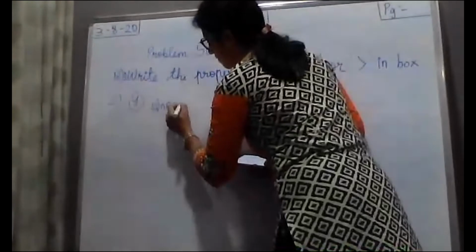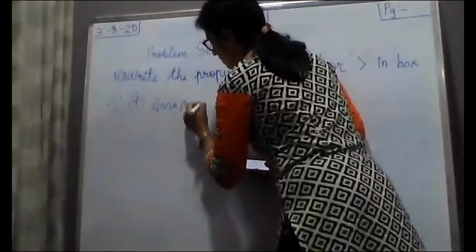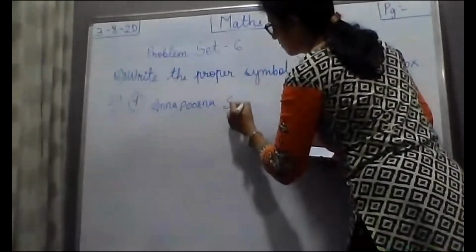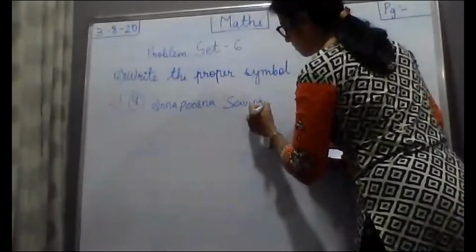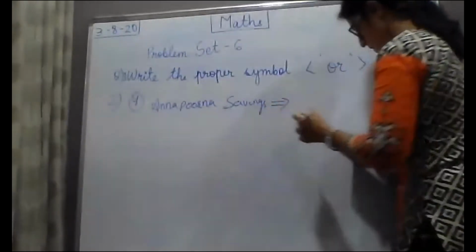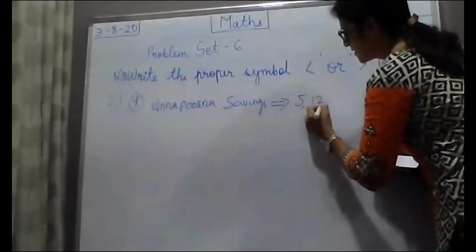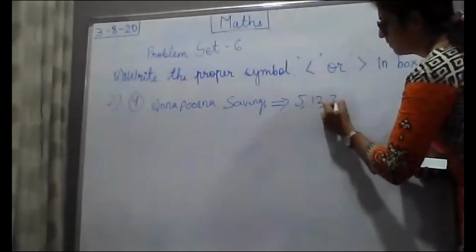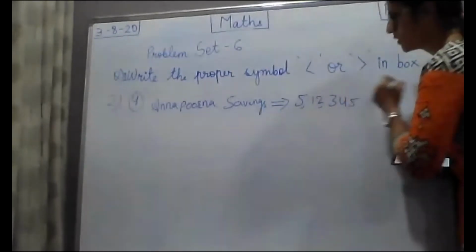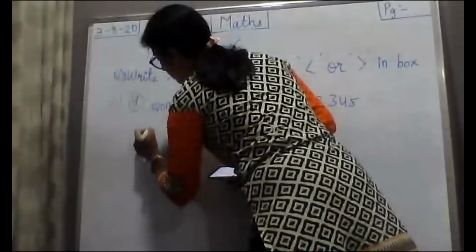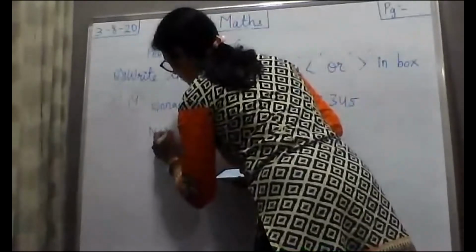Here, Annapurna Savings. How much is it? 5,12,345. Okay. Second one, the Nirman Group.